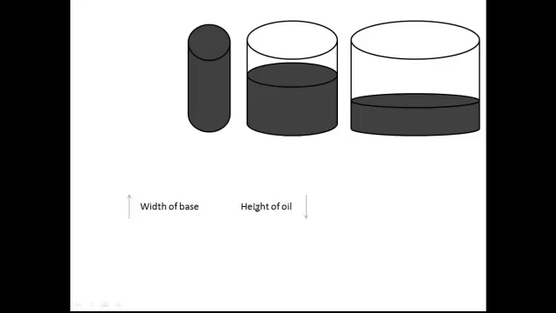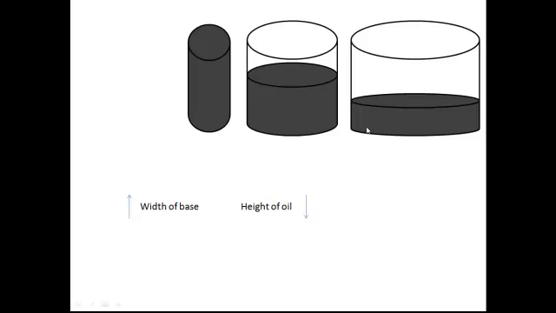And we're also going to be looking at the height that the oil reaches in these containers. So what you're going to notice is that if we widened this cylinder, the cylinder is the same height, but the oil is not going to fill the top anymore because you're expanding the width of this drum.